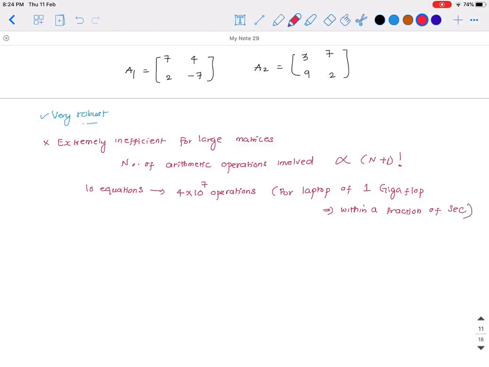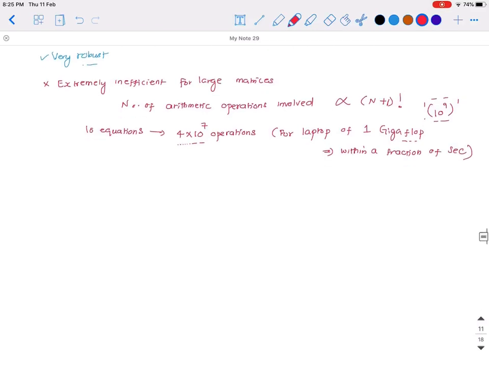I hope you all know that by flop we mean the number of floating point operations the computer can perform per second. By gigaflop we mean 10 to the power 9, so the computer can perform 10 to the power 9 floating point arithmetic operations per second. Solving 10 equations requires 4 times 10 to the power 7 operations, so this can be computed within a fraction of a second.